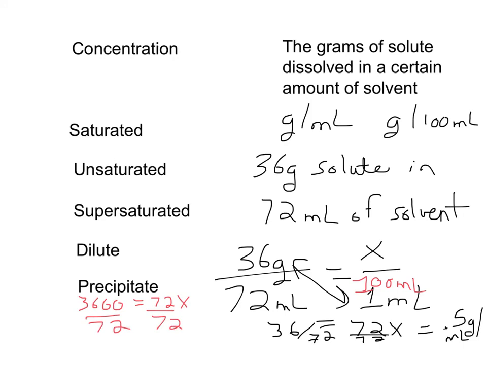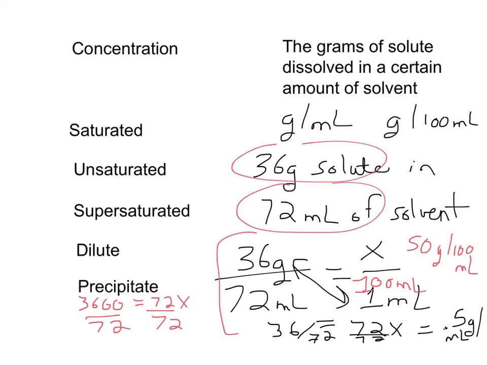So for 100 milliliters, my concentration is 50 grams per 100 milliliters. You have to be able to do this for any problem like this. I'll give you the grams of solute and the milliliters of solvent, and you'll have to set up a proportion like this.